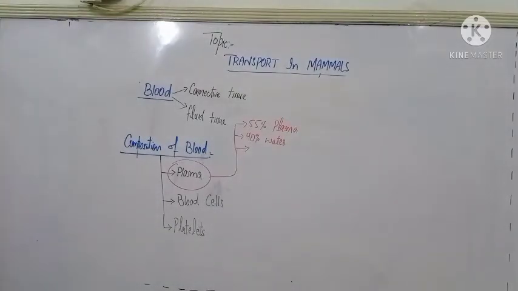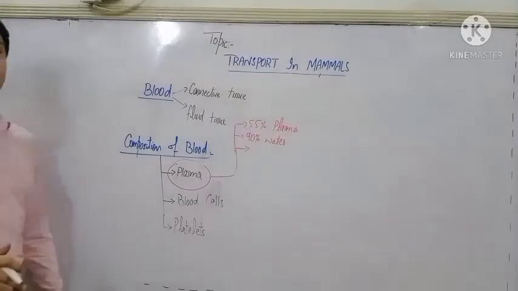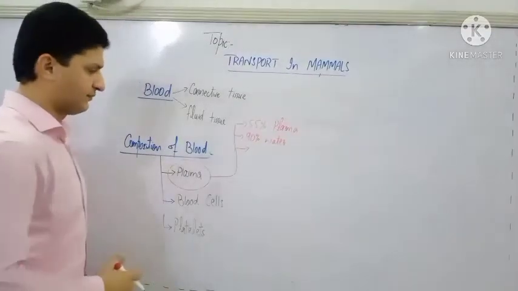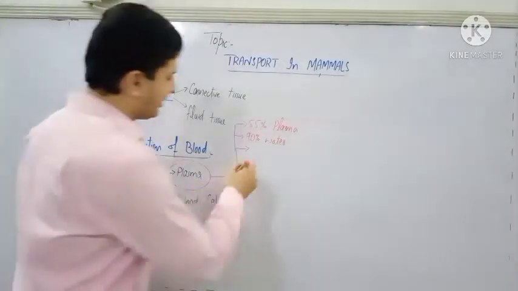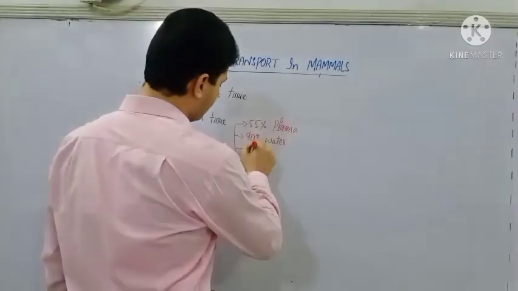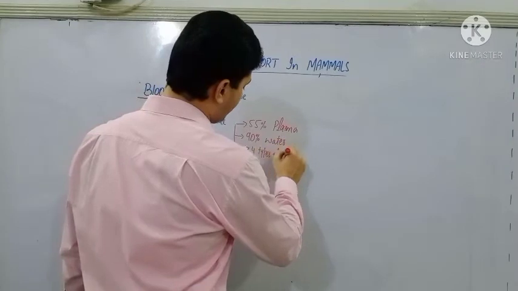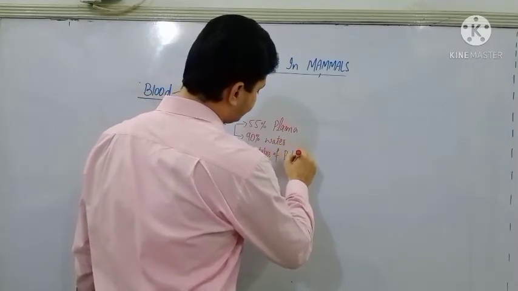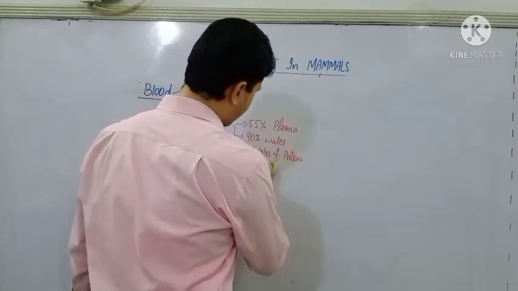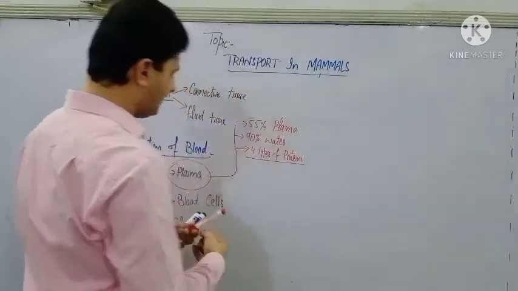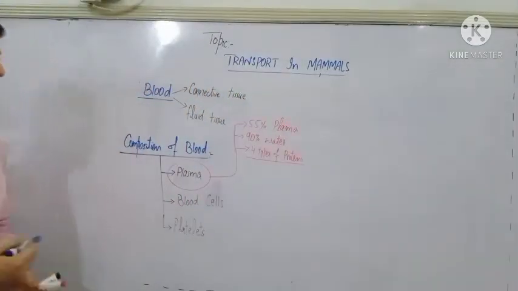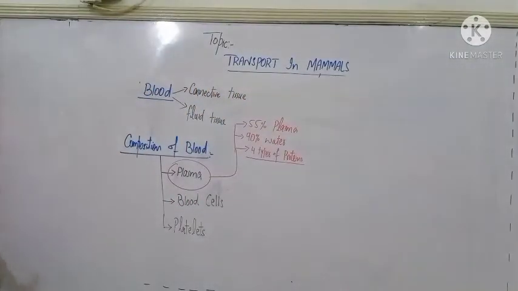For example, it contains 4 types of proteins. Can you please tell me the names of those 4 types of proteins?